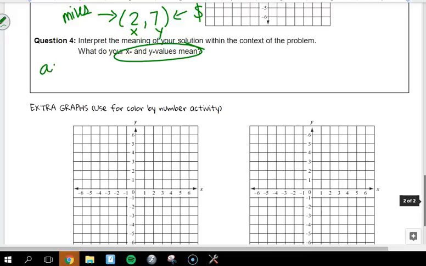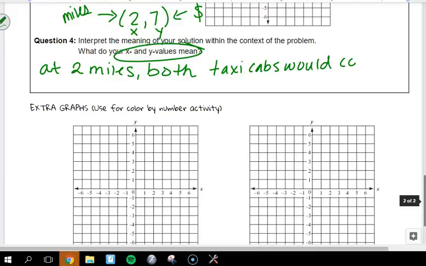So at 2 miles, both taxi cabs would cost $7. That's what that solution means. That's the intersection between the two costs of the taxis. At 2 miles, they would both cost $7.